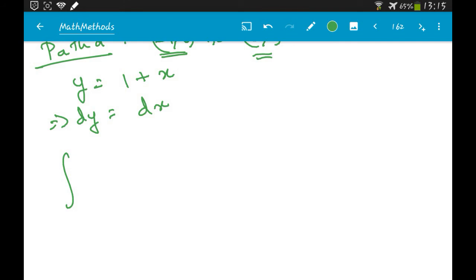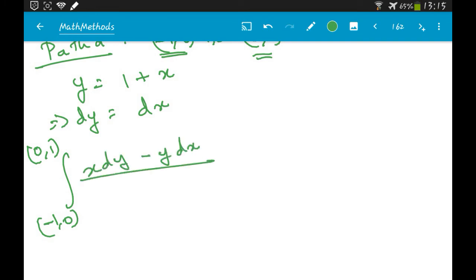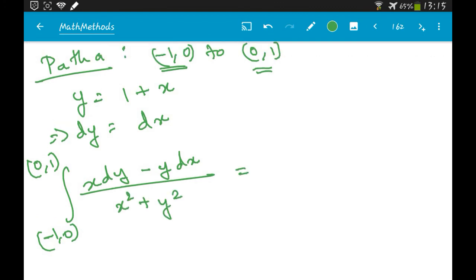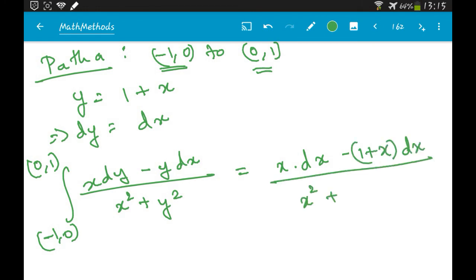So this is path A, which goes from minus 1, 0 to 0, 1. The integral of x dy minus y dx by x square plus y square, which is nothing but x dx minus 1 plus x dx by x square plus 1 plus x whole square, where x goes from minus 1 to 0.